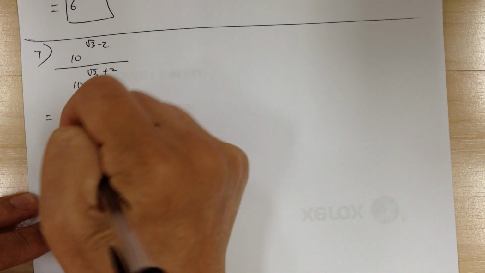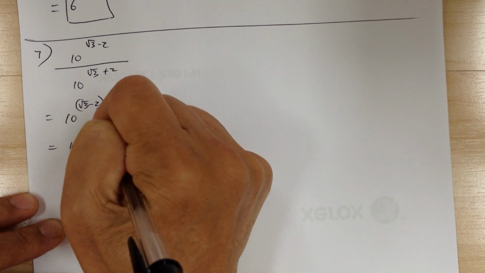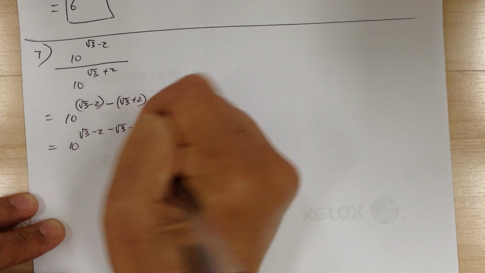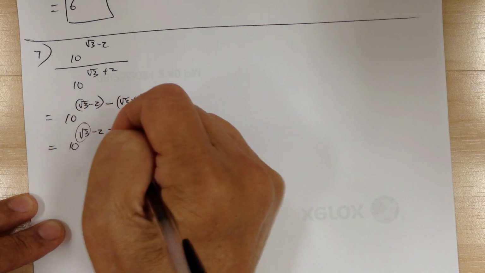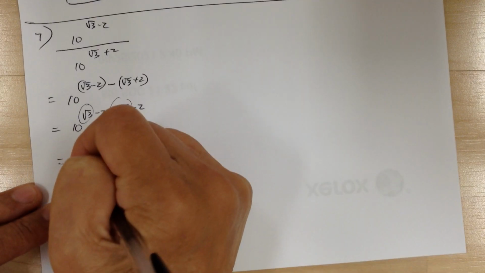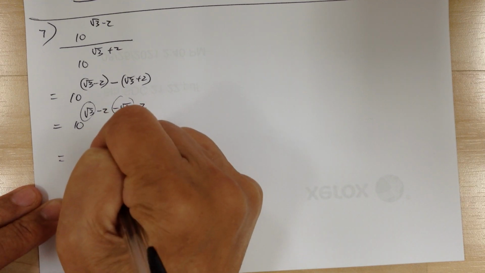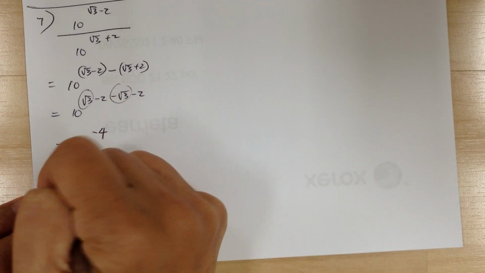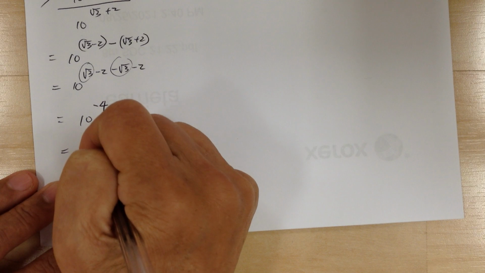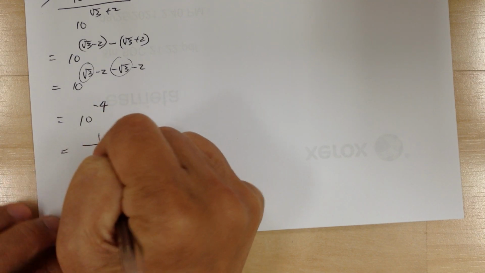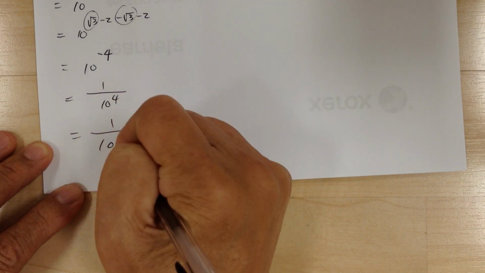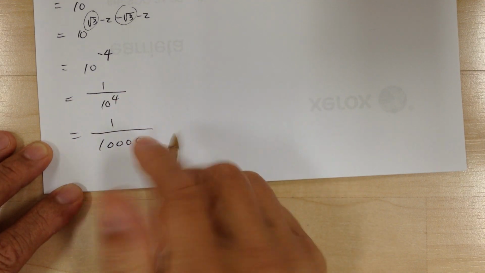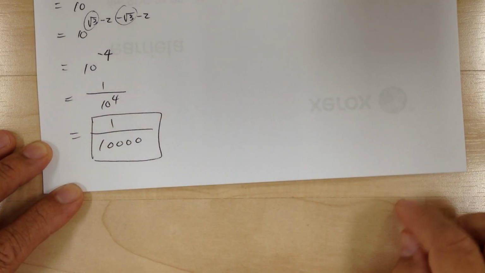Then after that, you change the sign. So square root of 3 minus 2 minus square root of 3 minus 2. And then this will cancel out. So this is equal to 10 to the negative 4. Then you can flip it over, so this is equal to 1 over 10 to the 4. This is a 4th power, so you're going to get 1 over 1 with 4 zeros. And that's it.